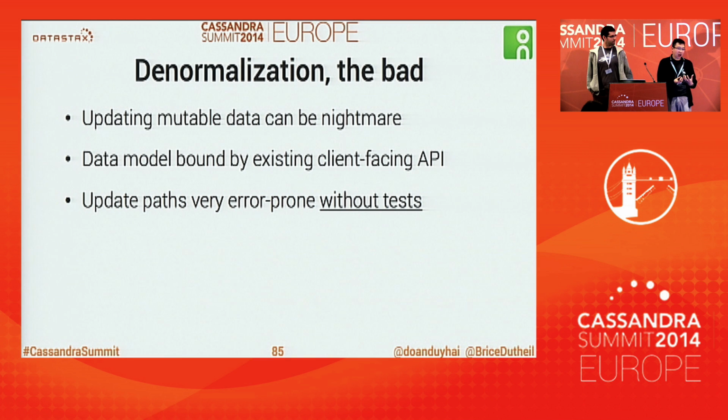And we cannot change our existing API because we have existing clients using it, so we cannot break it. So we have to deal with it. The update path can be very, very error-prone. But since we have a lot of testing, unit tests and integration tests, we used them to fix many nasty bugs.